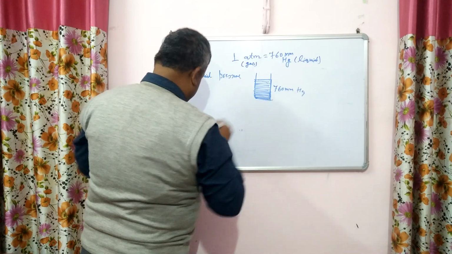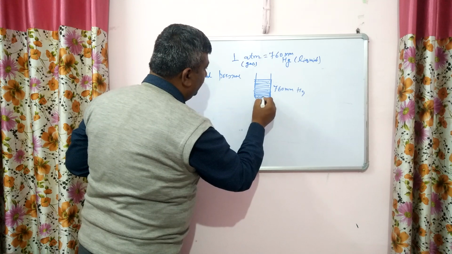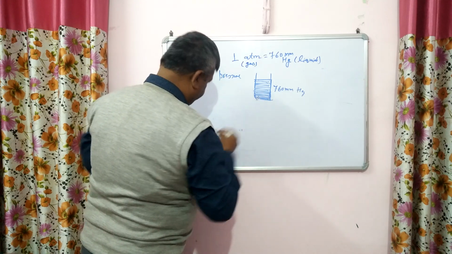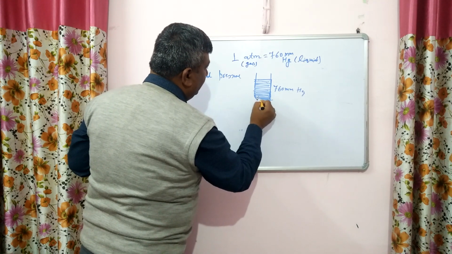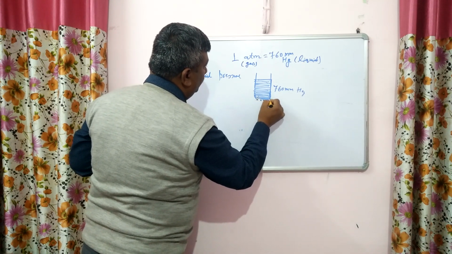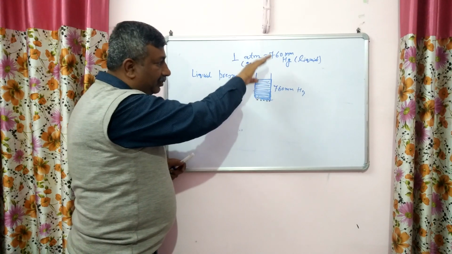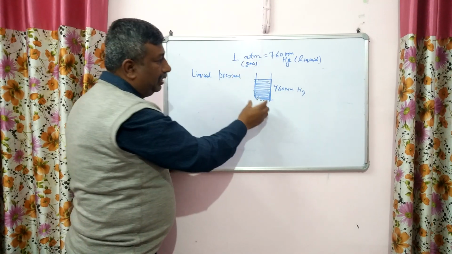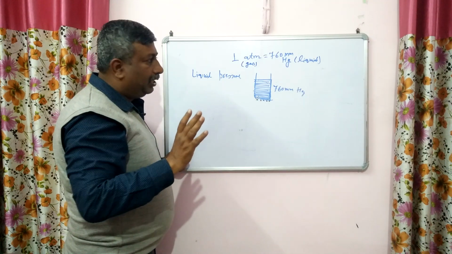So the pressure is exerted on the bottom. Now what is the weight of this mercury? This weight means this force is exerted on this bottom, and this is actually the pressure.